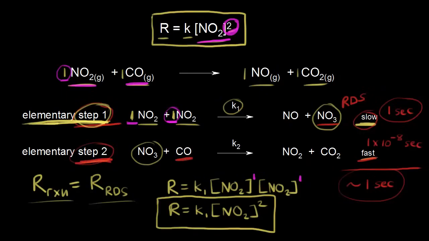So here's where carbon monoxide appears, and that's not the rate determining step. And so that's one way to think about why our reaction is 0 order in carbon monoxide. Also notice that this K1 here for the rate determining step should be equal to K, the rate constant for our overall reaction.